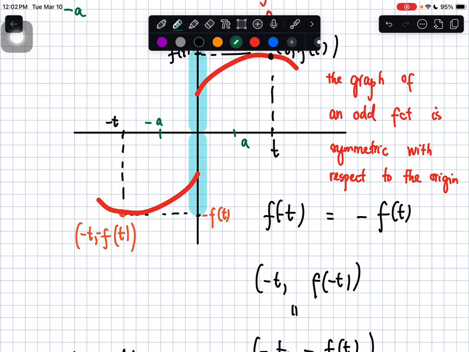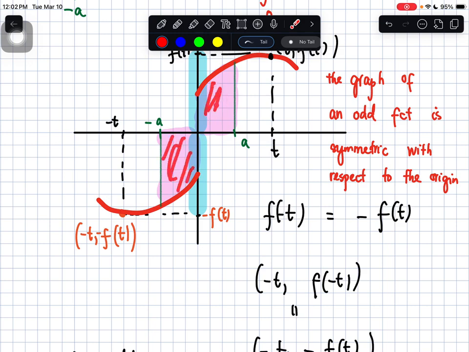The area under the curve, this area plus this area is actually equal to minus this area.